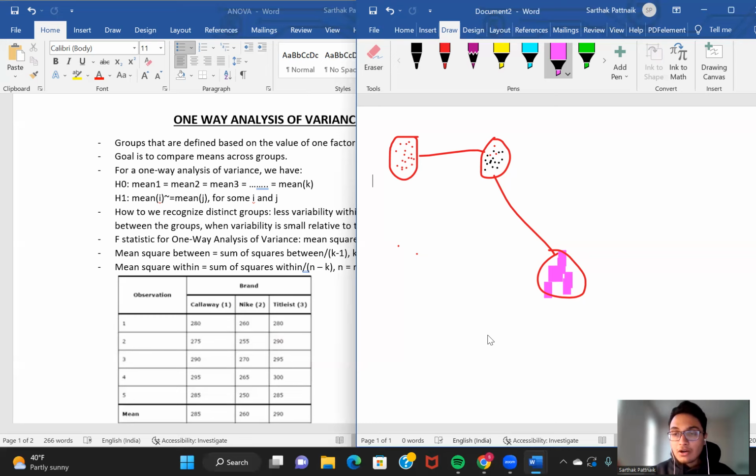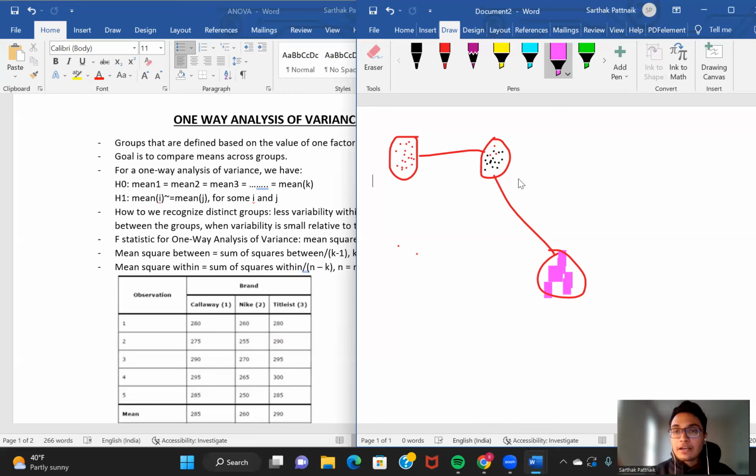In order to identify distinct groups within population sets, we need two measures. The first measure is variability within each group, and the second measurement is variability between groups.